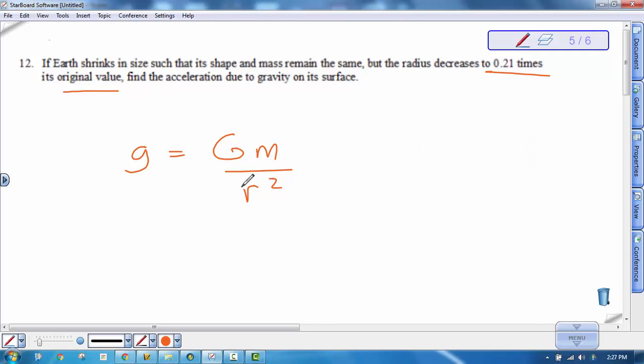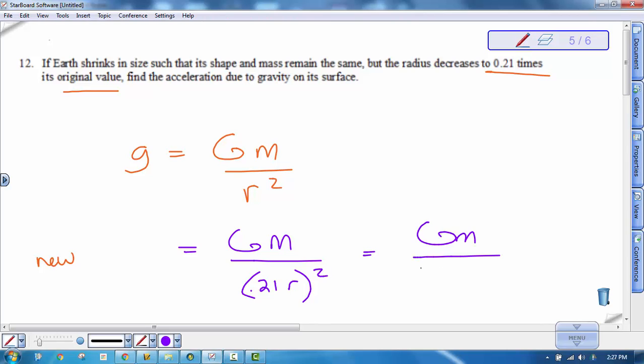So we're going to use this to find the new acceleration due to gravity. So g is going to stay the same, mass stays the same. The new radius now is 0.21 times the old one. So I can just rearrange this by pulling out the 0.21, do 0.21 squared, and that gives you 0.0441. And I'll put the r squared here. And I'll just write this kind of separate here.